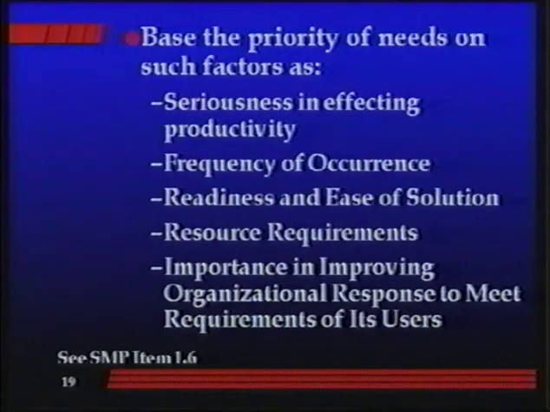It has to be ready for solution, and it has to be something that you can manage. You have to be able to take the resources into consideration, and it really has to be able to respond adequately to the needs of the users?